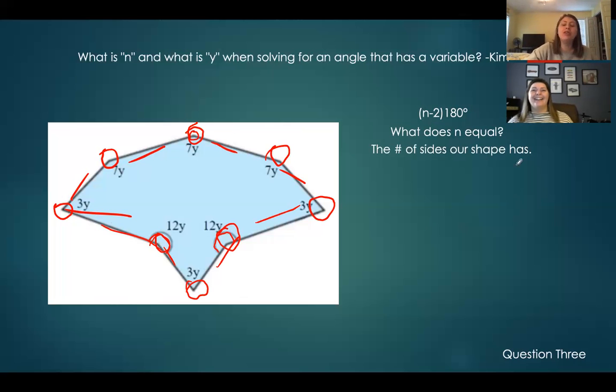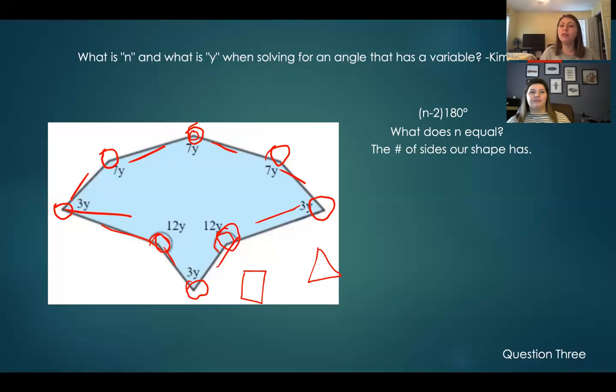No matter what kind of shape you're given, if you're given a square, what would n be? N would be 1, 2, 3, 4 sides. Exactly. And if we have a triangle, n would be 3. This is just a more complex kind of shape here. So that's really all that n is.